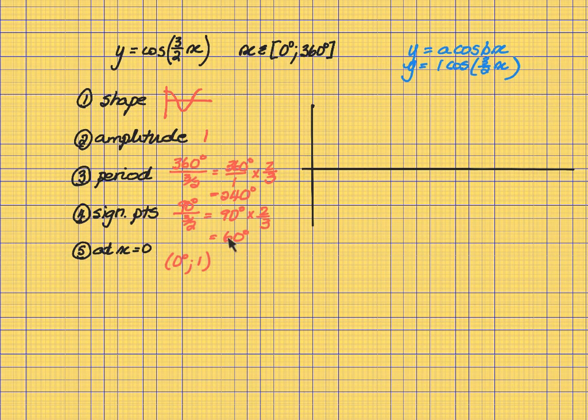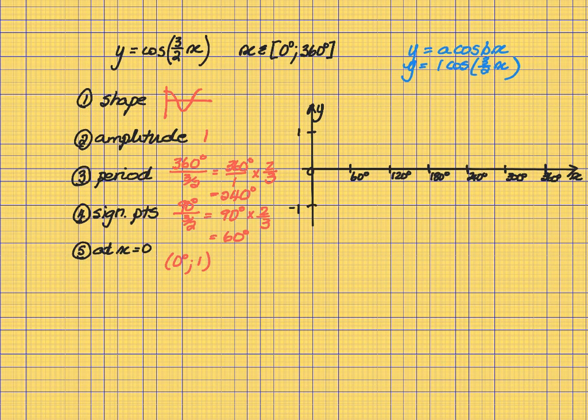Because my significant points are every 60 degrees, I'm going to set up my x-axis to correspond with that. So it's 60 degrees, 120 degrees, 180 degrees, 240 degrees, 300 degrees, and 360 degrees. The amplitude is 1, so I only need 1 and -1 on the y-axis. Label the axes.